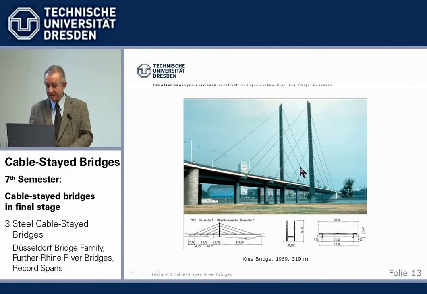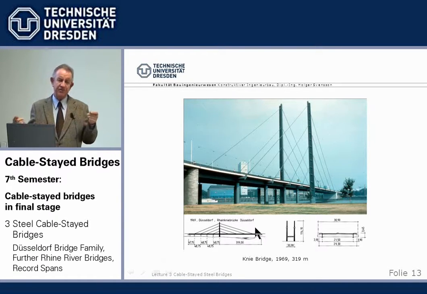Then we have the Knie Bridge, which with its 324 meters, it's difficult to read here for me, was built by free cantilevering. The contractor didn't intend to, when he bid for the bridge, he wanted to place an auxiliary pier in the middle of the river.